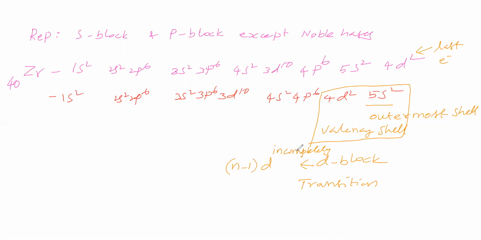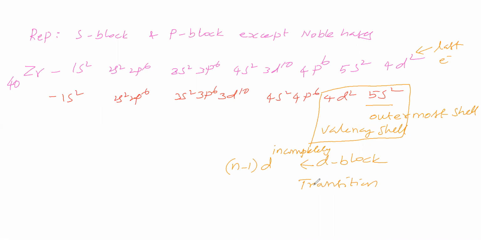This valence shell d subshell has 2 electrons, though it can take a maximum of 10 electrons. The valence shell d subshell is incompletely filled. Therefore, this is a transition element.